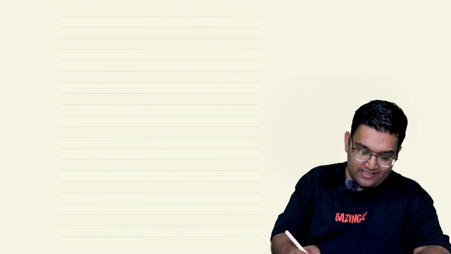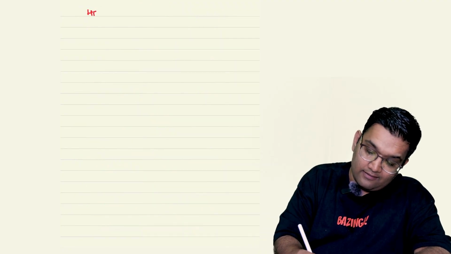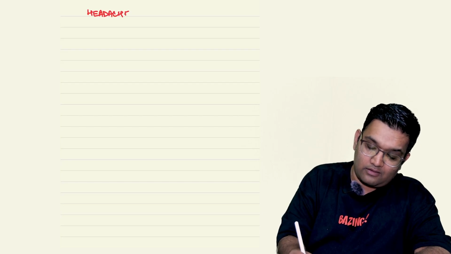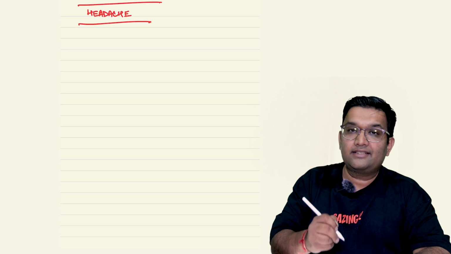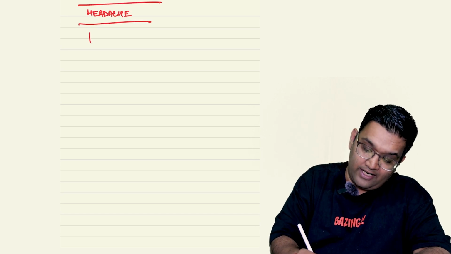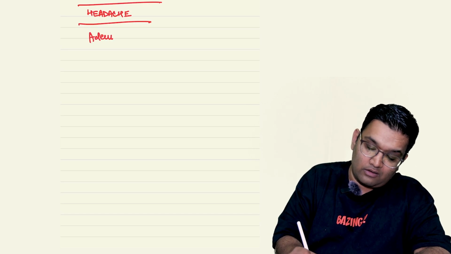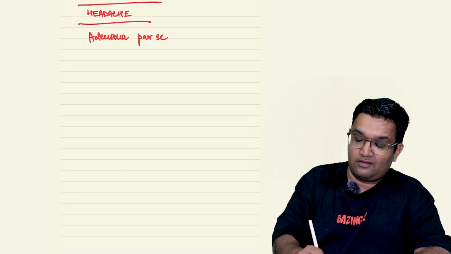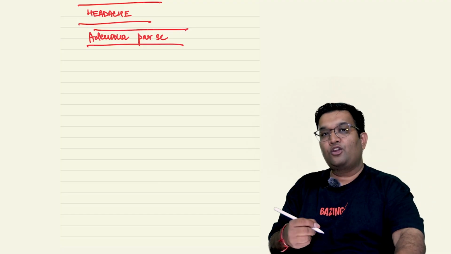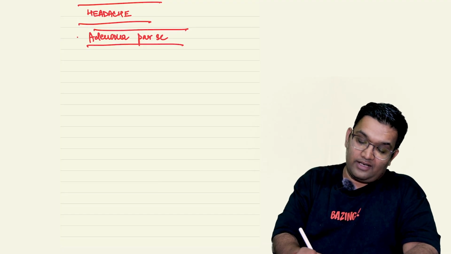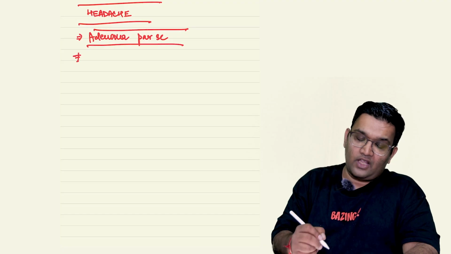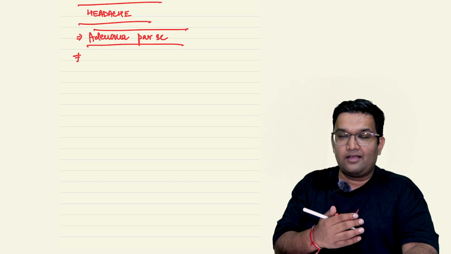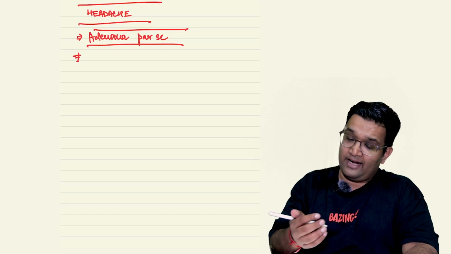What else can happen is there can be headache. Why is there headache? Because of the adenoma per se. Because of the adenoma, because of increase in the intrapituitary pressure, intracellular pressure to be more specific, there is going to be an increase in headache.